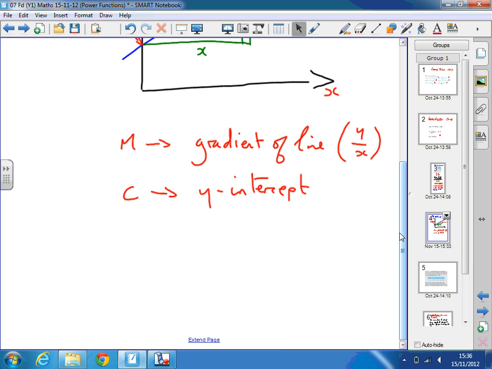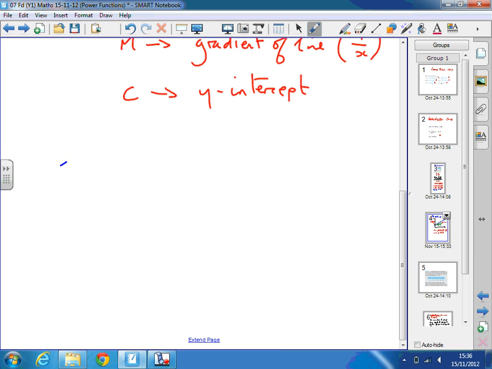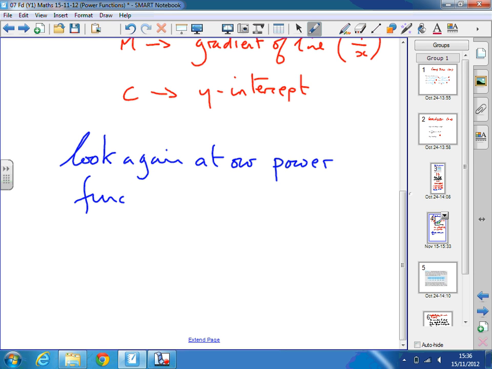Now if we look again at the power function that we came up with, at our power function written in logarithmic form, I'm going to write it in a slightly different form. Log p equals n log I, I'm just going to put that bit first, plus the log of r.